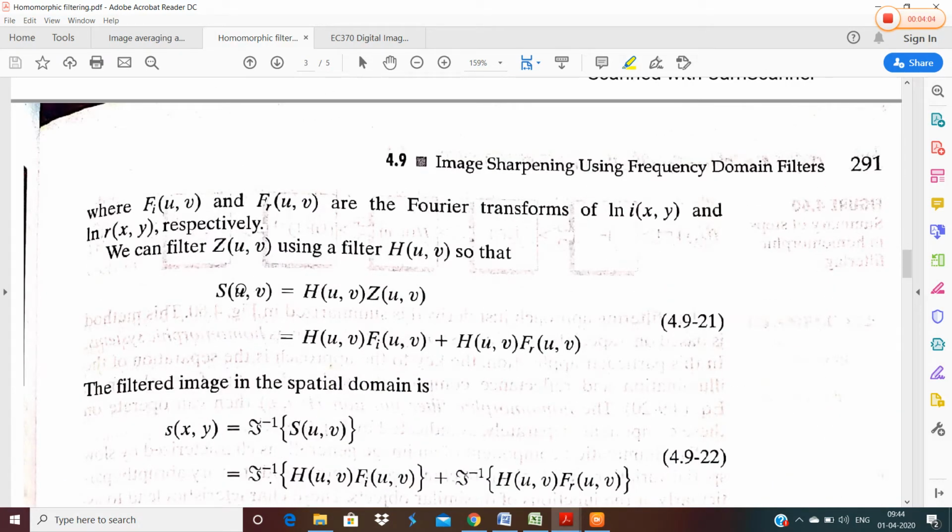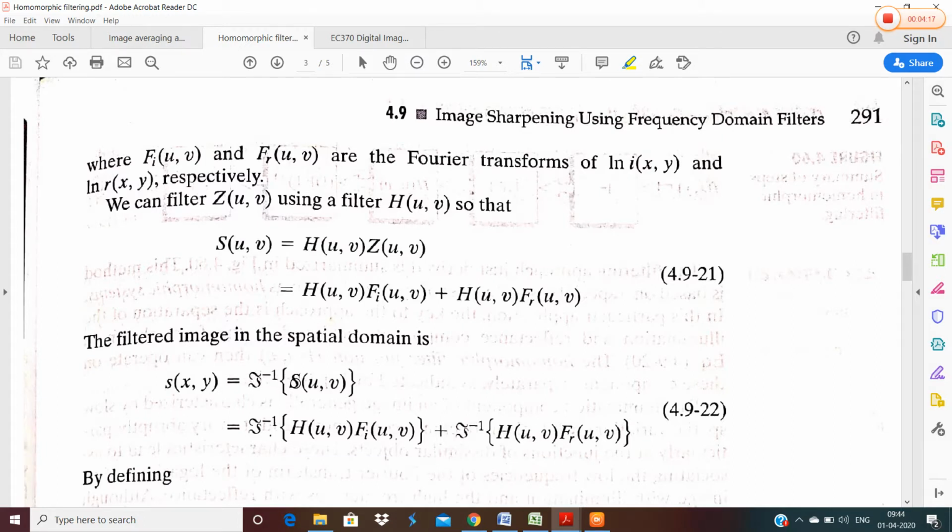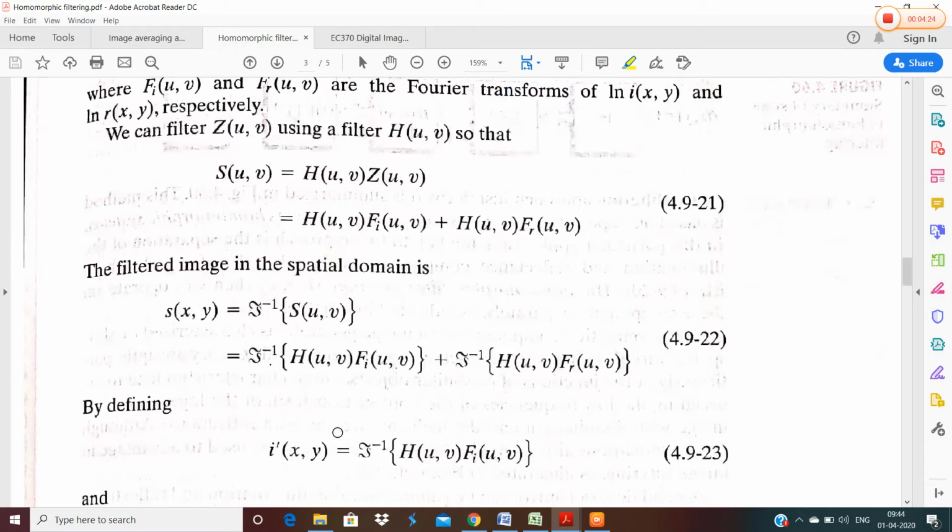This is now the filtered part in the frequency domain. You need to find the filtered part in the spatial domain. For that you take its inverse Fourier transform. It is the inverse Fourier transform of this component plus this component.